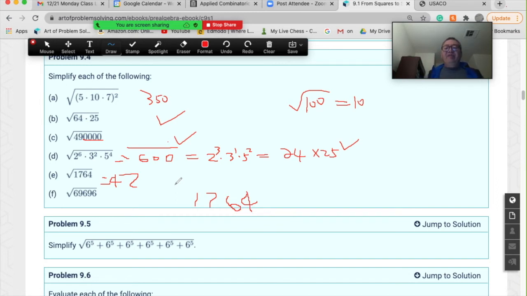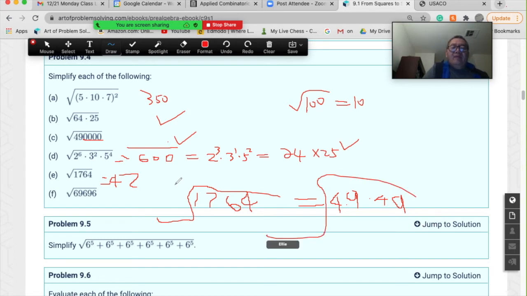How you found the square root of this number equals 42? 4 times 9 times 49, but you still have to, which equals 2 times 3 times 7.